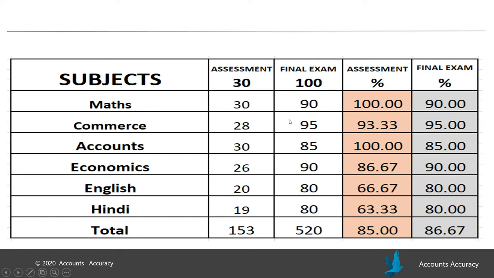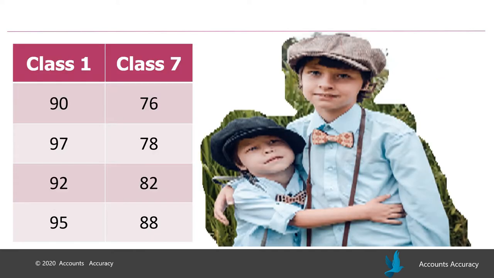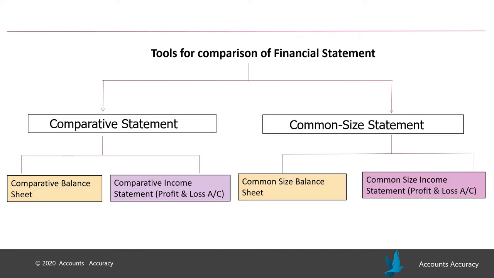Base is kept as 100 for both the exams and then it becomes easy to find out the progress. So that is the difference. In your comparative statement you find out the difference first and then the percentage, but in common size, remember, the word size tells that both can't be compared by finding out the difference.